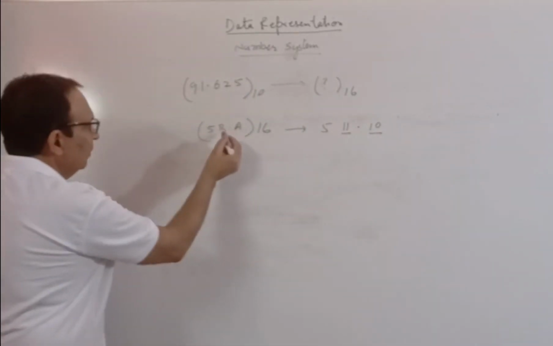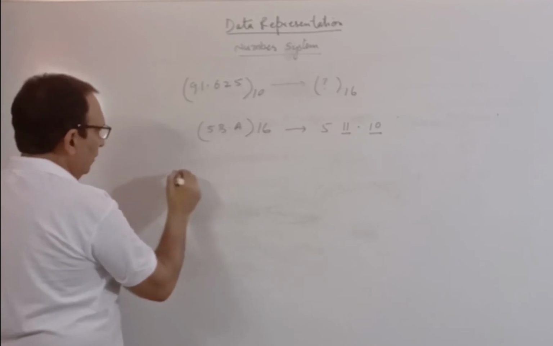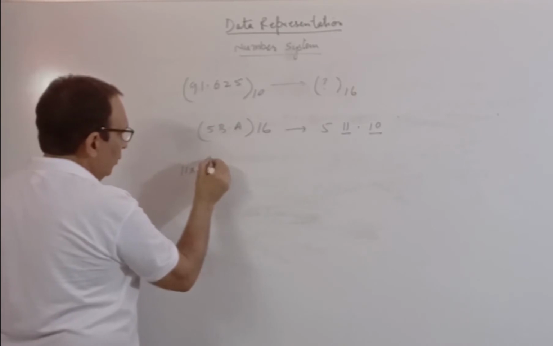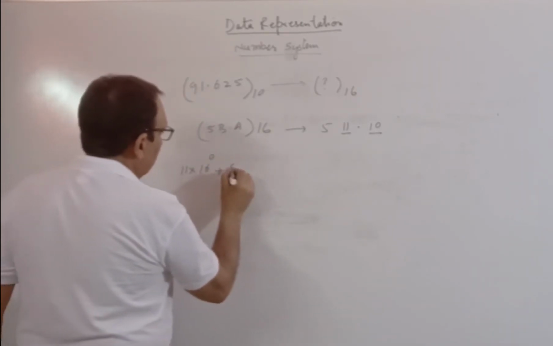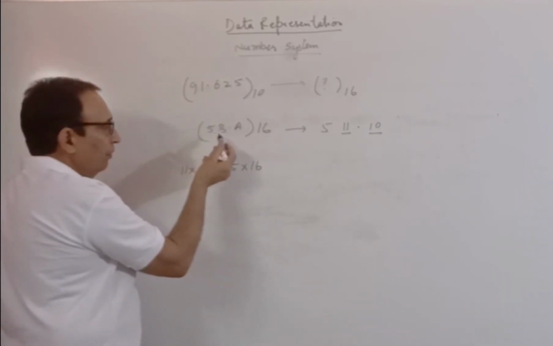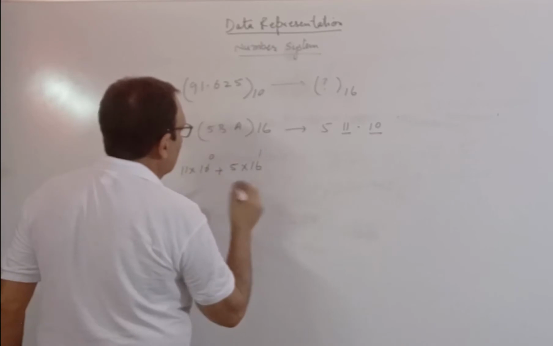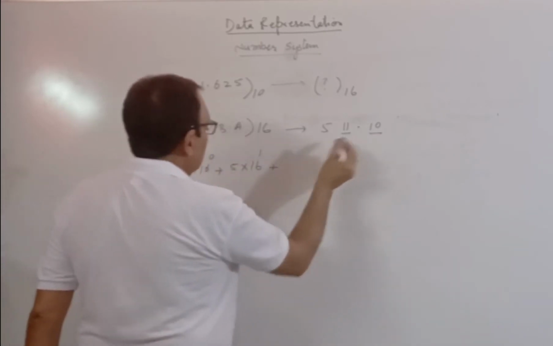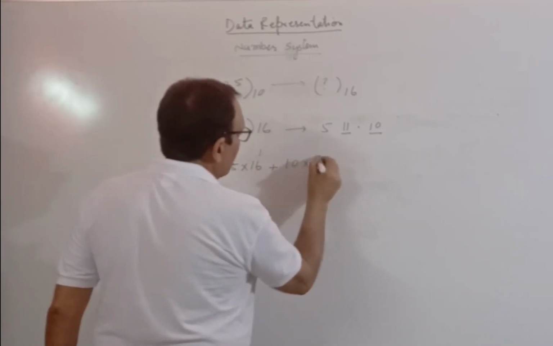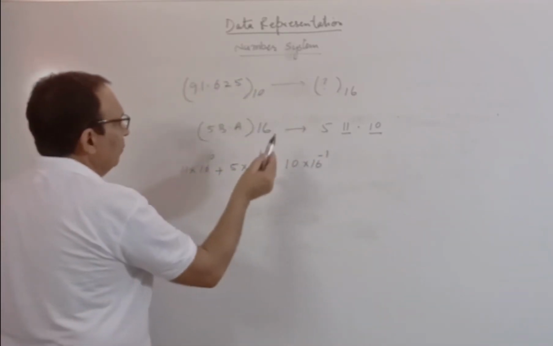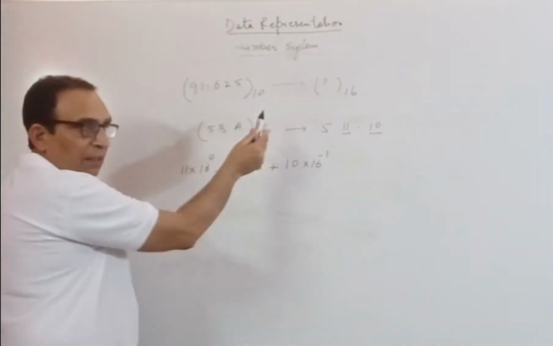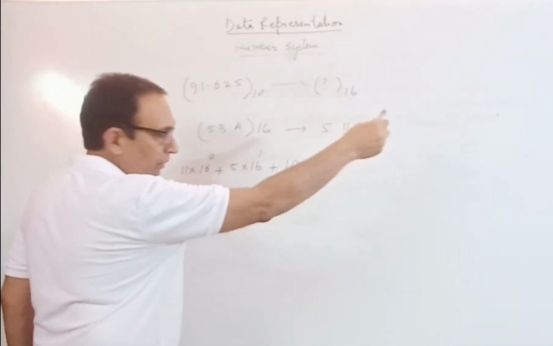Now what you do, before the decimal you write 11, the base is 16, the exponent of the first position is 0, plus 5 into base 16, and the exponent of the second digit will be 1, plus this is 10 into 16 raised to the power minus 1, because when you go after the decimal, the power becomes -1, -2, -3 and so on.